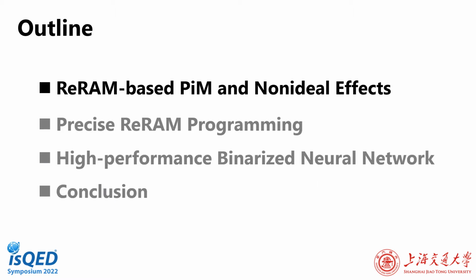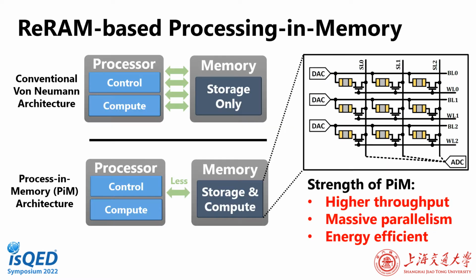The presentation is composed of these 4 parts, and will begin with some preliminaries of the ReRAM-based processing in memory and its non-ideal effects. Conventional von Neumann computer has been demonstrated suffering from the burden of the frequent data movement for data-intensive applications, like neural-level computing.